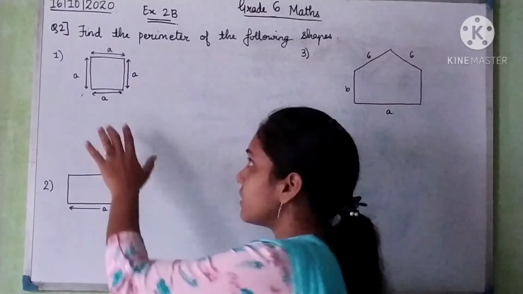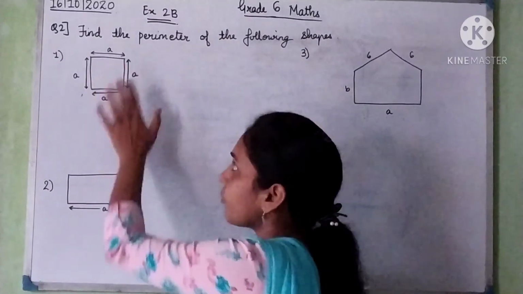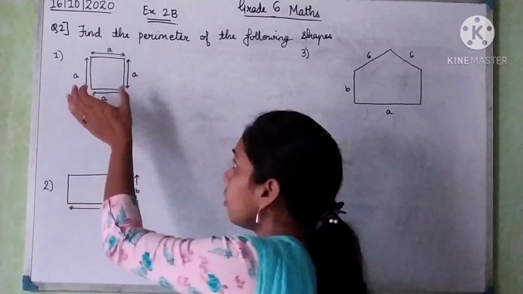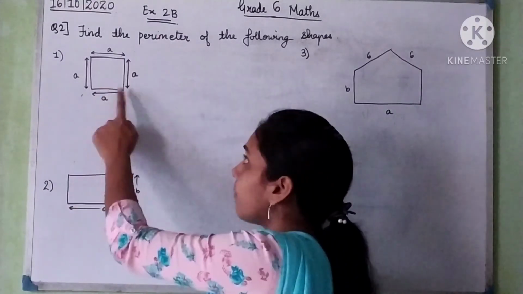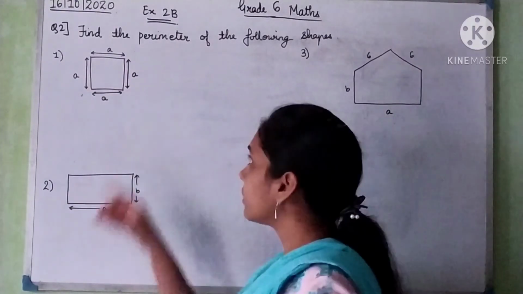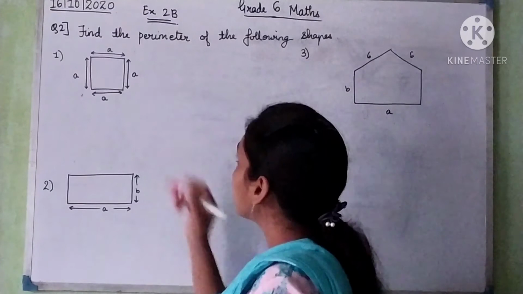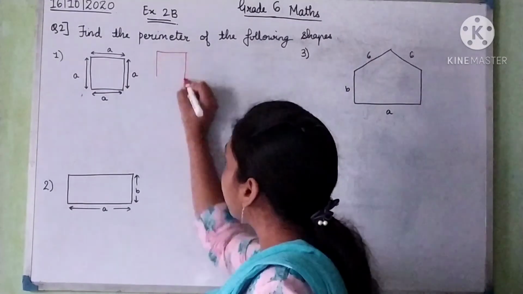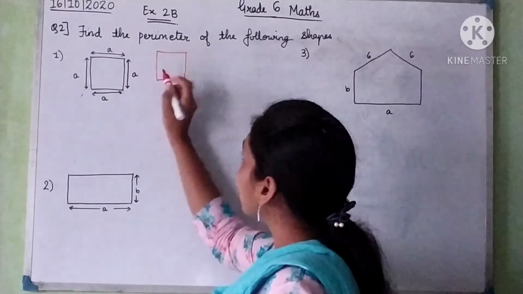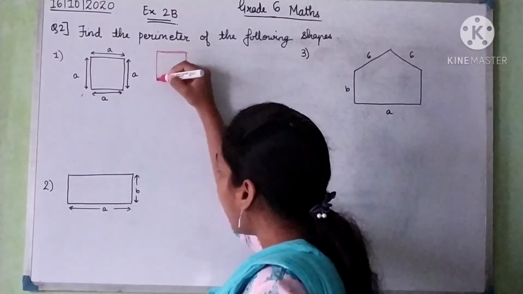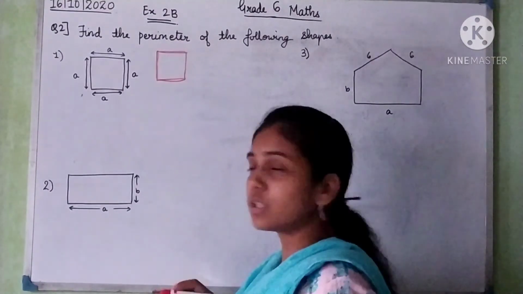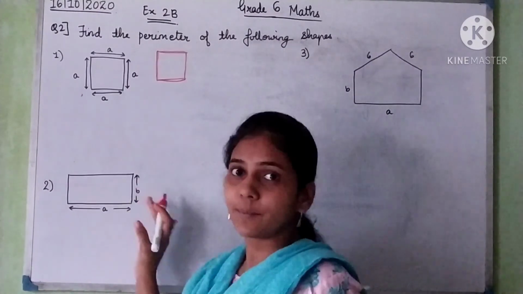Right? Suppose this is the square which is made up of a string. So the perimeter of this square is going to be the length of the boundaries. Boundaries means what are the boundaries? If suppose this is the square, these are the boundaries. This is the first boundary, this is the second, the third and this is the fourth. These are also called the sides of the square.